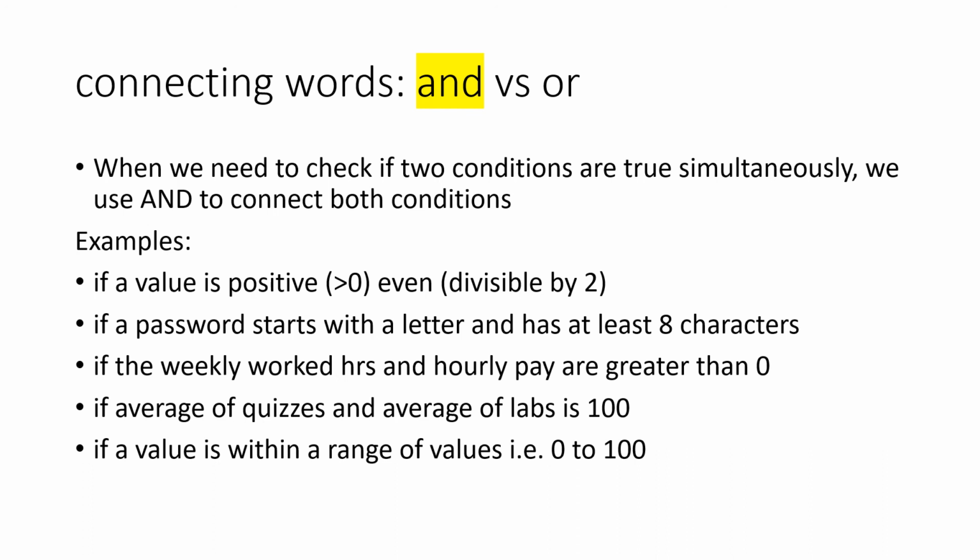So in order for the system to be able to calculate a result, both values need to be greater than 0. Otherwise, it doesn't make any sense to multiply the values. So for that reason, we would connect those 2 conditions with the word AND, because we want to check that both are present simultaneously.